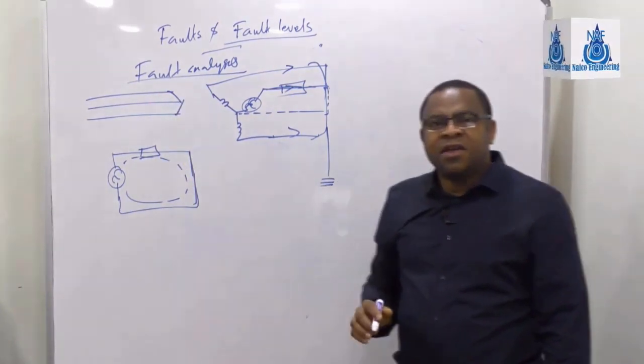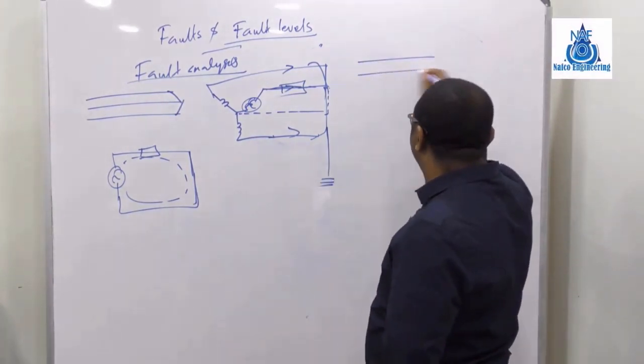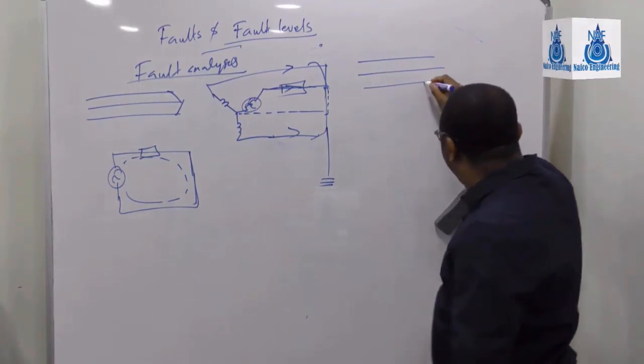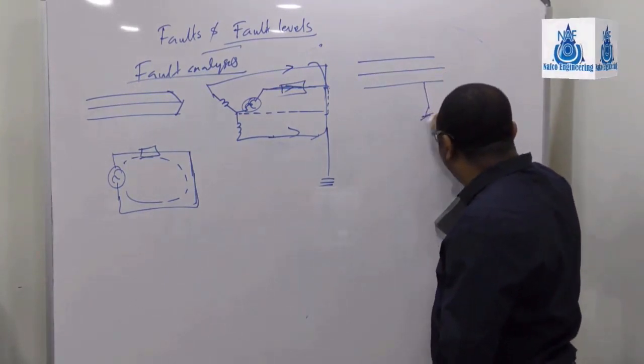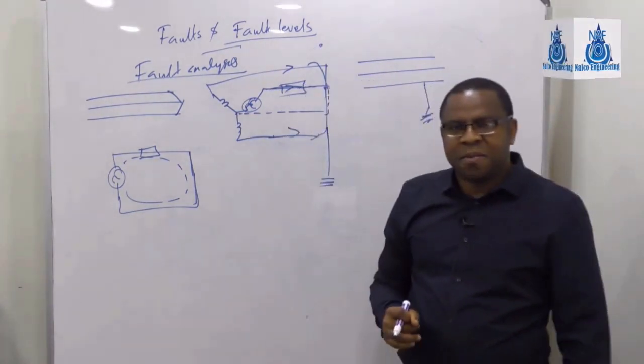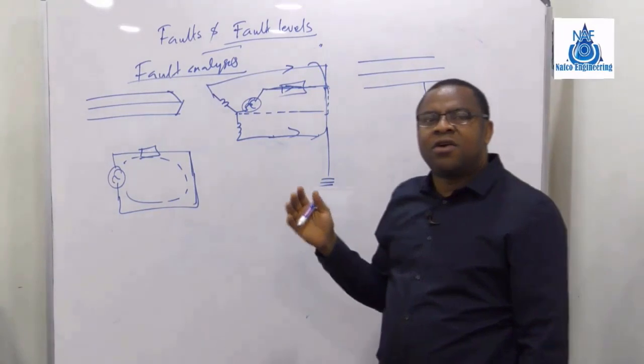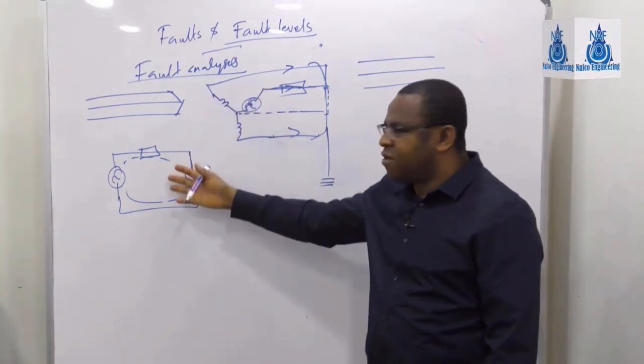But let's say you get an unbalanced fault, where you have phase A, phase B, and phase C, and you have only a single line to ground fault. This is an unbalanced fault. If it's an unbalanced fault, we cannot use this method to solve.